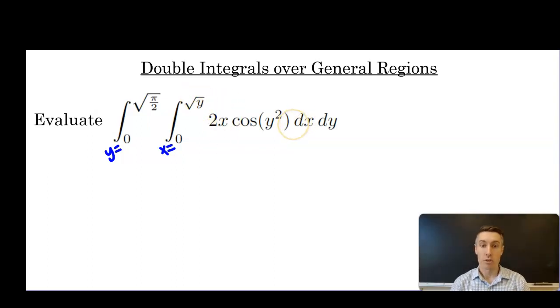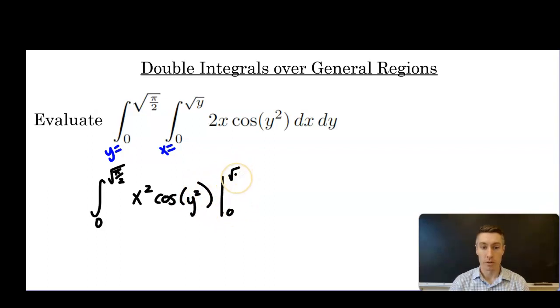So, integrating with respect to x gives us the integral of 2x. So we have the integral from 0 to the square root of pi over 2 of x squared cosine of y squared, from 0 to the square root of y, dy.